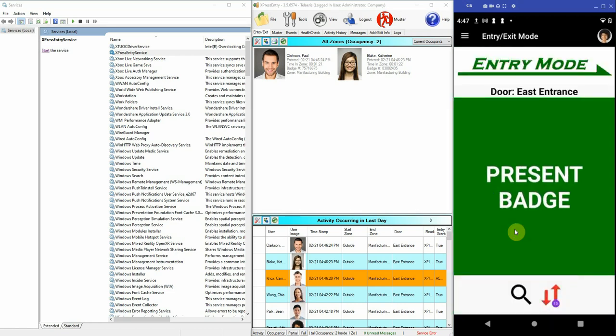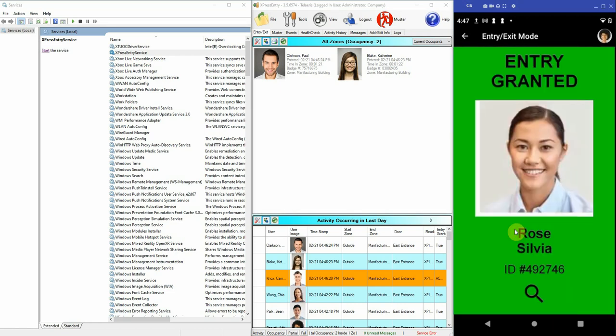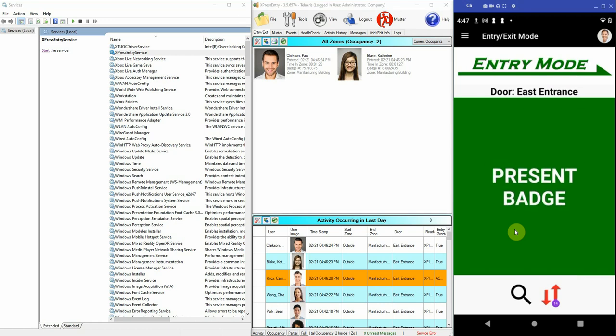Our reader is able to store a very large amount of transactions, and this would continue to store within the reader until the reader and the server establish a connection together.